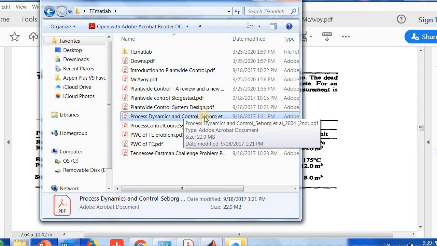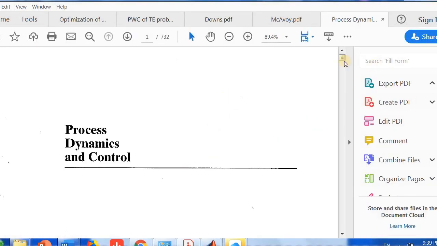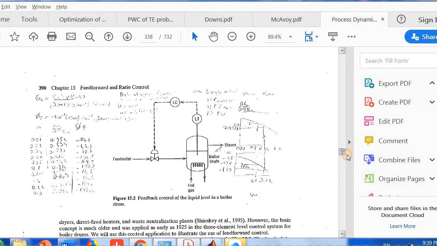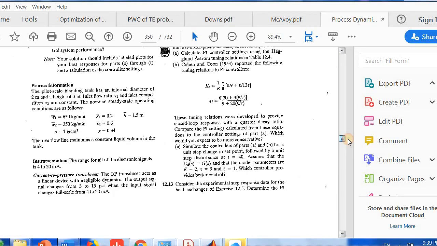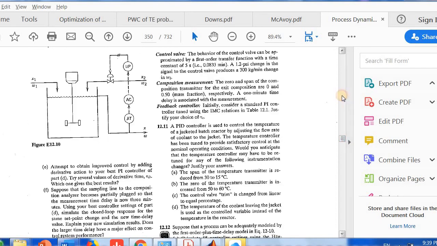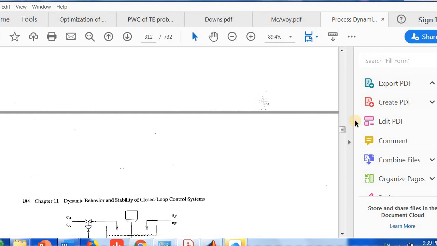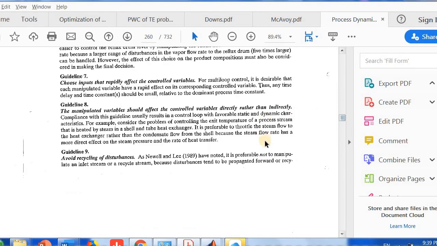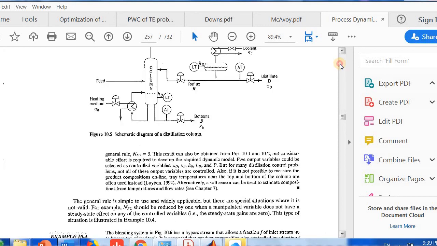It will tell you that you need to start with the inventory and so on. If you double click on this and go to chapter 10, I'm not sure if it's chapter 10, that is chapter 11, where is 10, please? Okay, chapter 10.